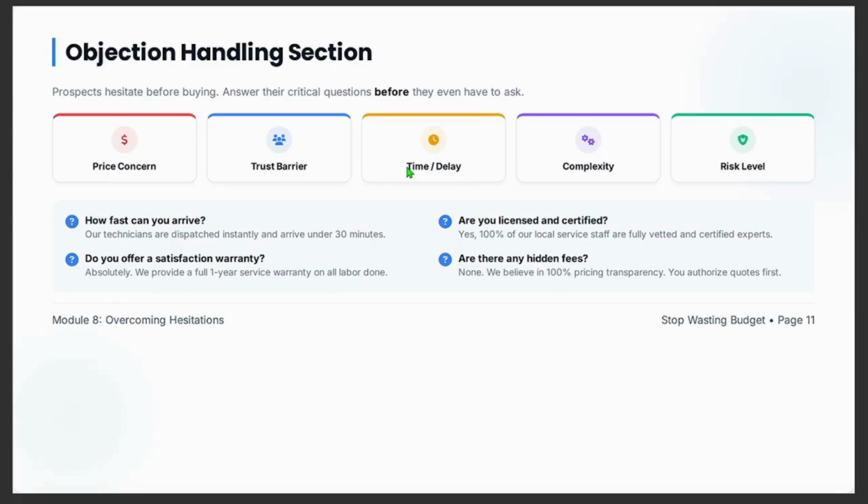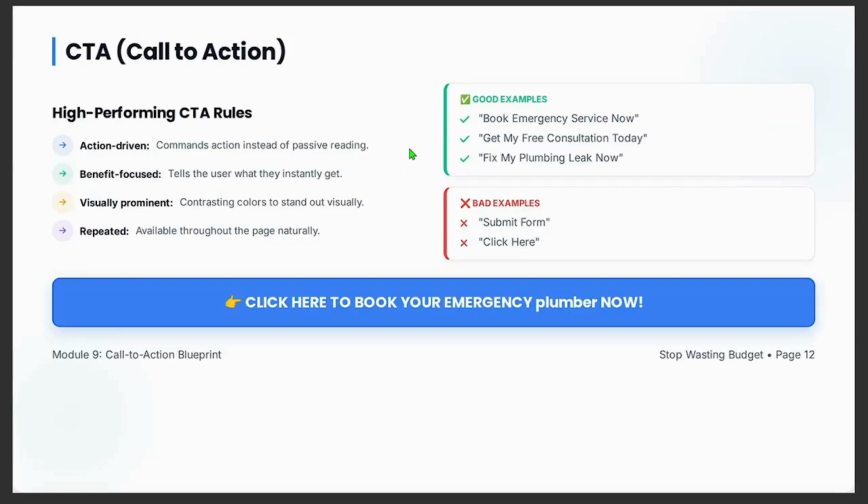And your CTA. This is more important. Your CTA button is one of the most important parts of your landing page. A good CTA must be action driven, benefit driven, visually prominent, and repeated multiple times.